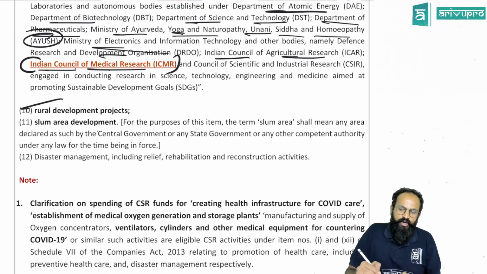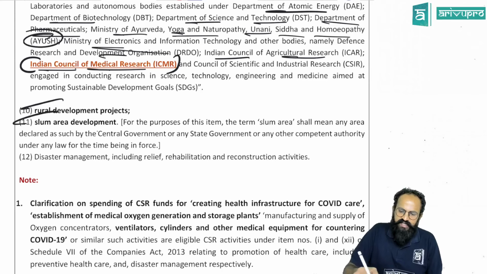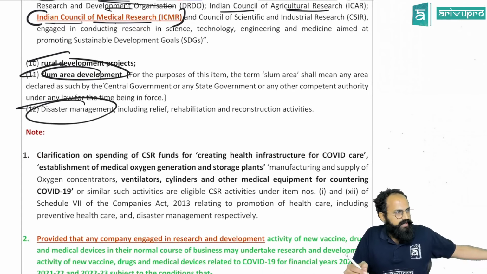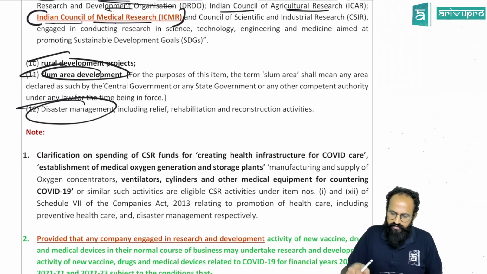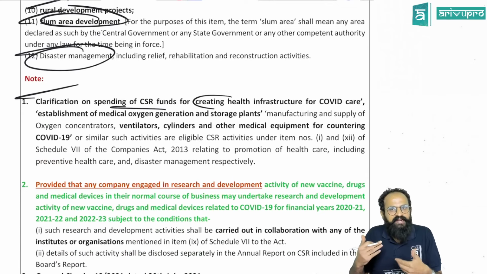Okay, next one, rural development projects. Rural developments, urbanization, drinking water facility, slum area developments, disaster management. What is disaster management? Earthquakes, all these things. Clarification on spending CSR funds for creating infrastructure. So these things were immediately added during COVID.